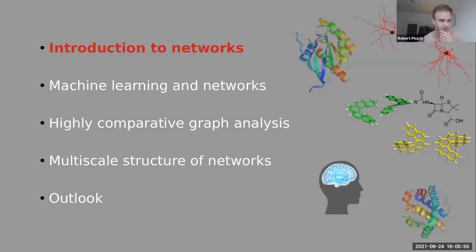So first, a very short introduction to networks. I know most people here already know a lot about networks, either from the neuroscience perspective or coming from a more complex systems type approach, so I won't be on that for too long. And then a quick background on machine learning and networks, because it will set the foundations for the method that Oliver was describing, which is highly comparative graph analysis.